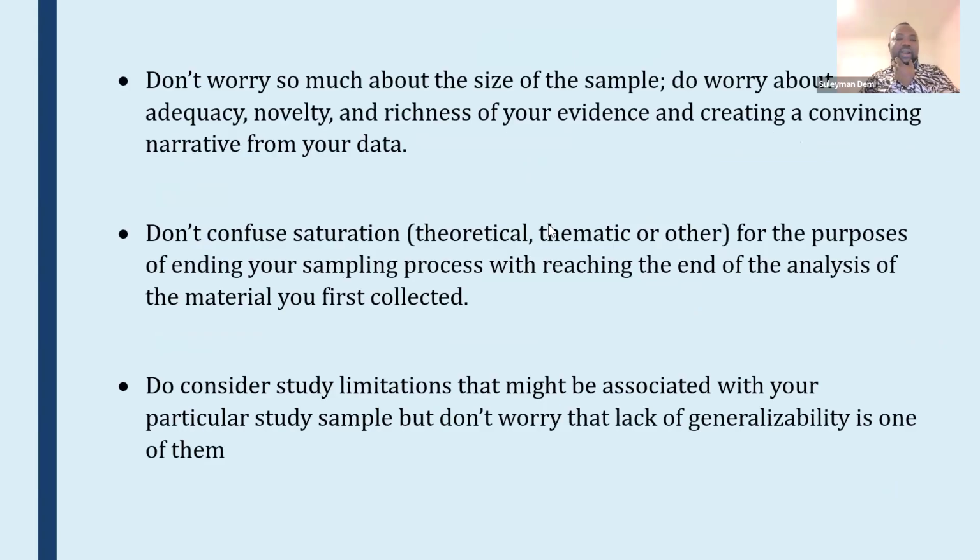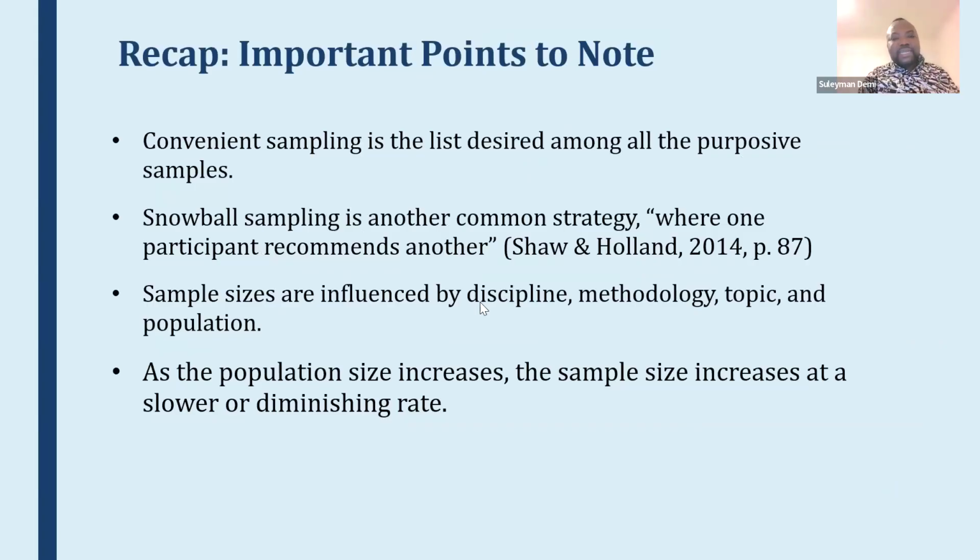All right, so just for a recap, convenience sampling is the least desired among all the purposive sampling. I told you earlier that you don't need to use convenience sampling. Normally, it is done just for exploratory purposes, something to help you better design your study and get a stronger or more robust sampling strategy.